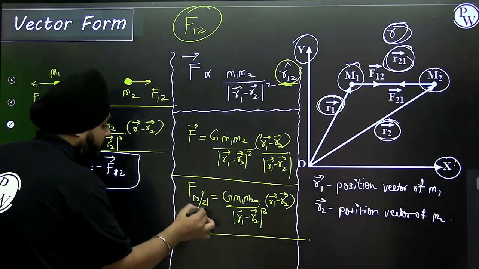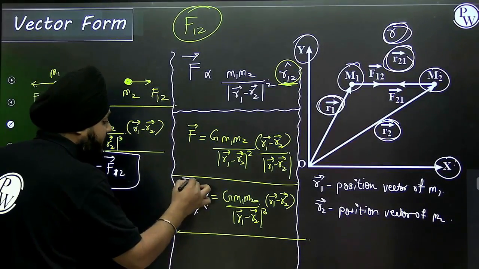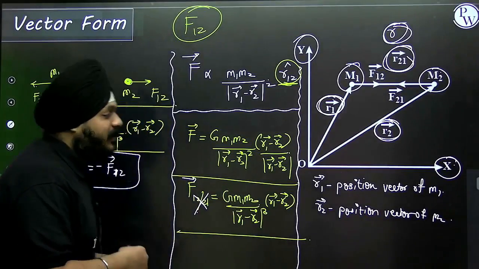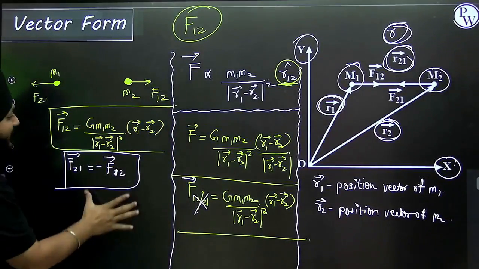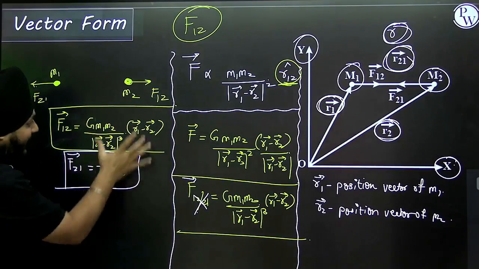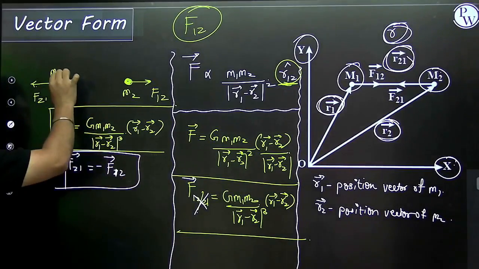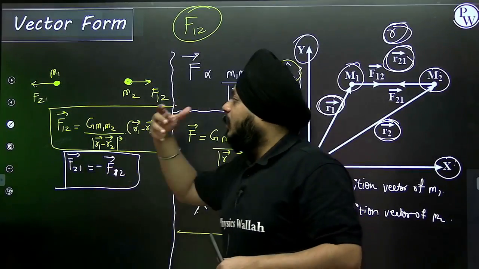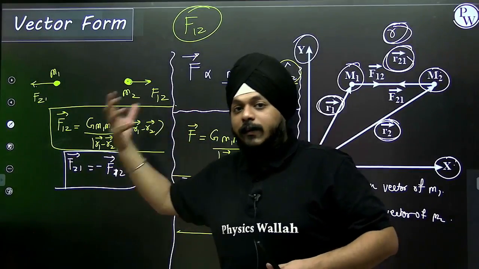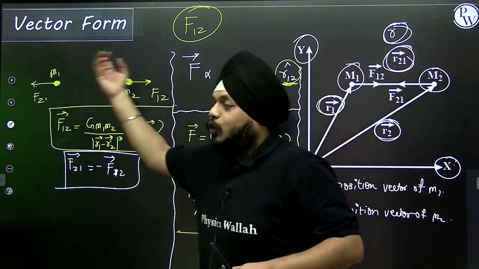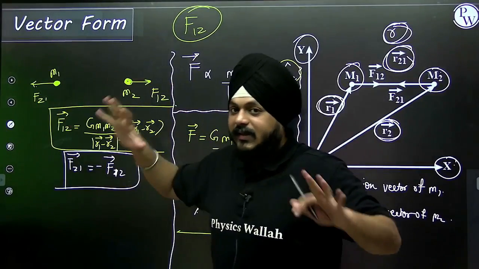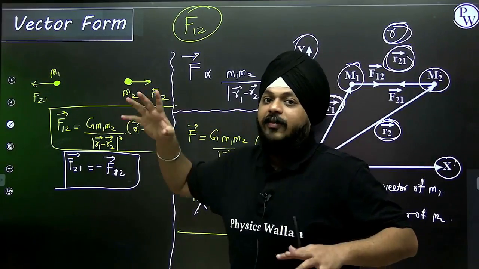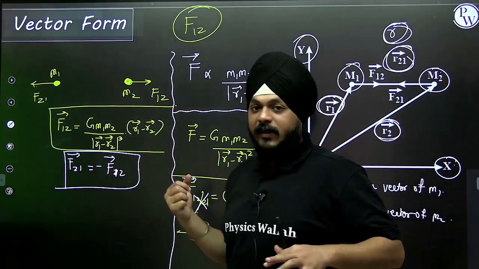So this was just a simple explanation of the force in vector form, and this is what the direction says. If m1 is attracting m2 with a force F, then this is the expression for it.